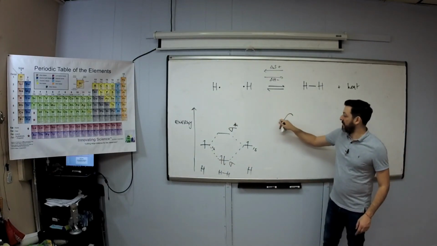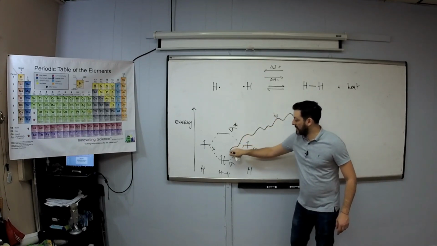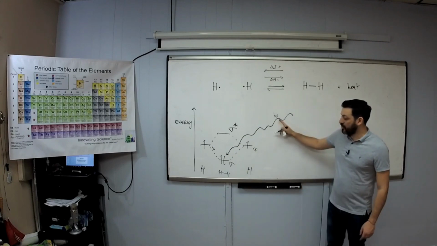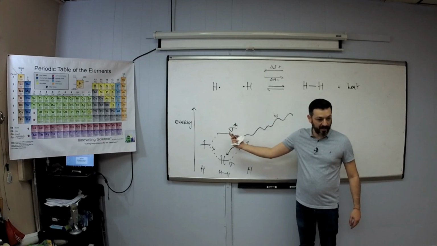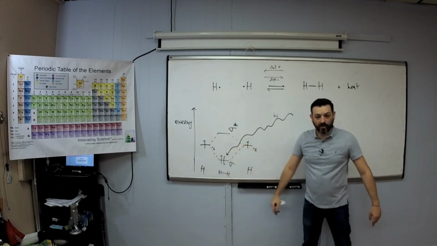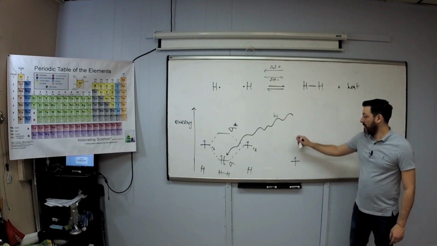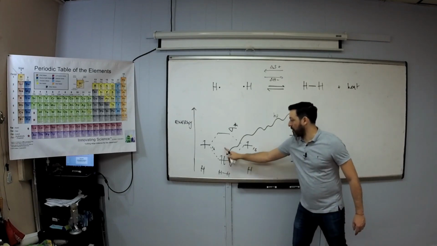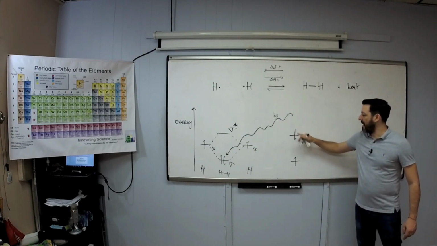What happens if a photon, let's call it h nu, a photon of light flies like that and hits that, and the energy of the photon equals the gap? Wouldn't that electron promote up to there? What would the bond order be then? You would have an electron down here, and then you would have one electron go to the top, and you would have an electron over there. What would the bond order be?